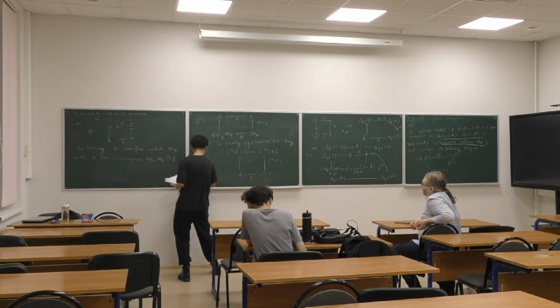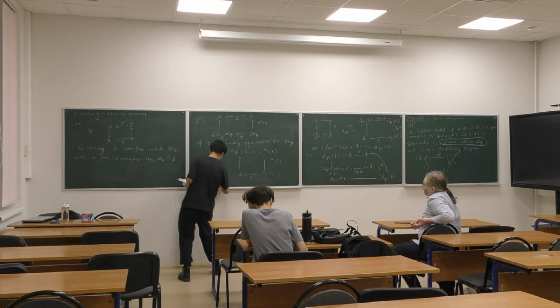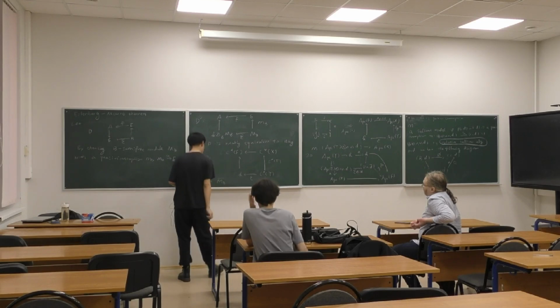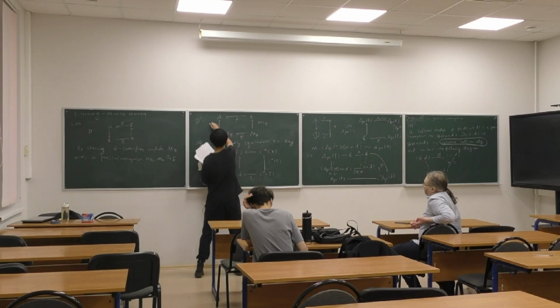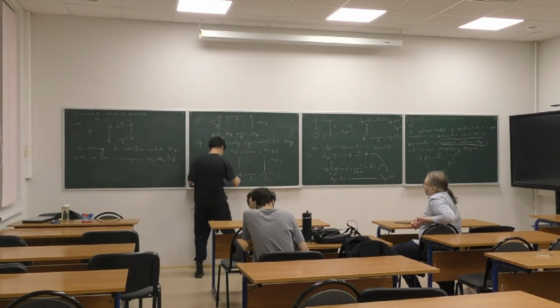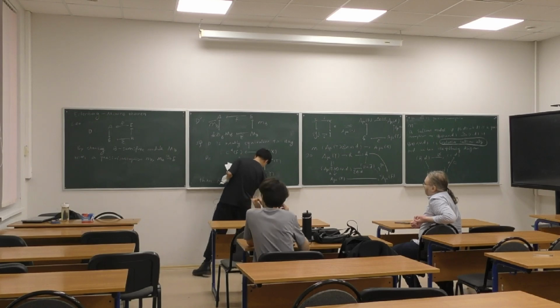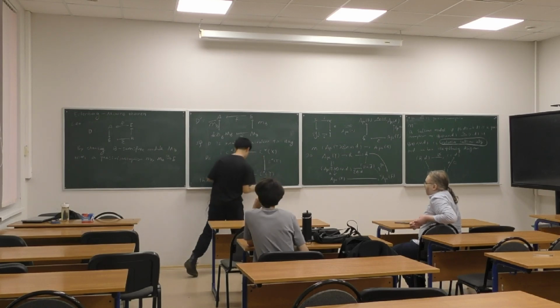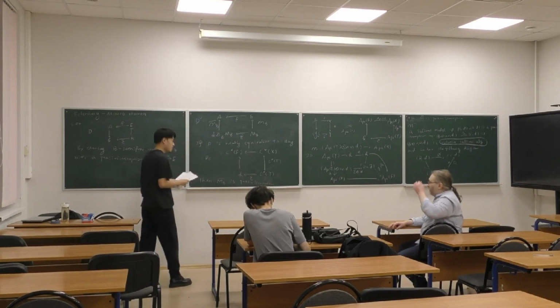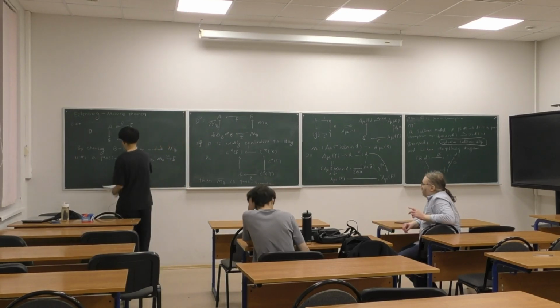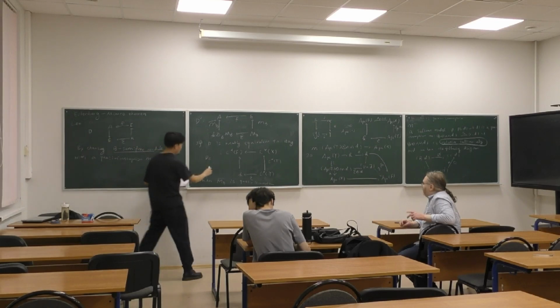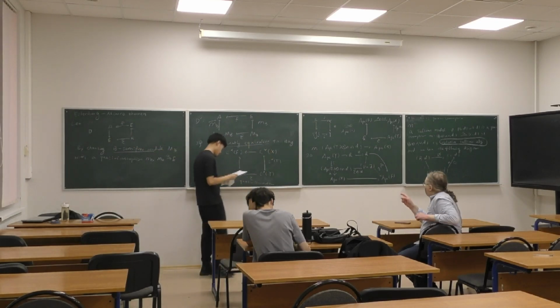Then we get M B hat, oh okay, M B hat is here, with the isomorphism. Okay, so let's see. We have several diagrams.